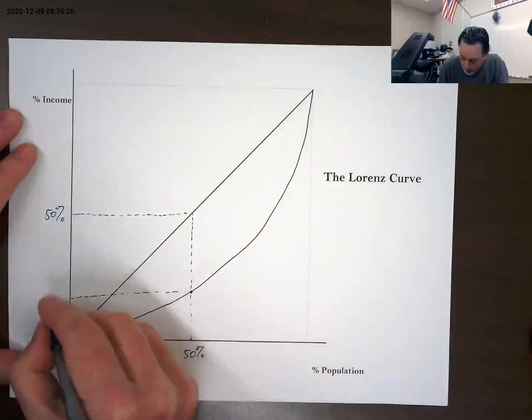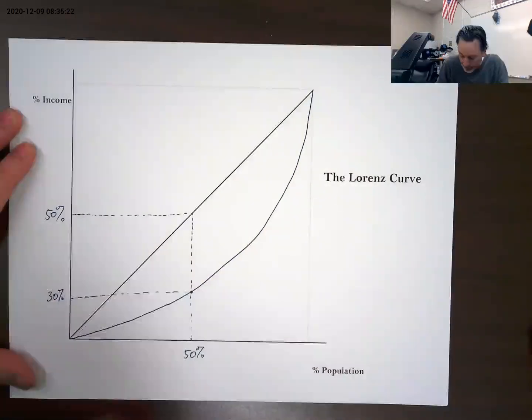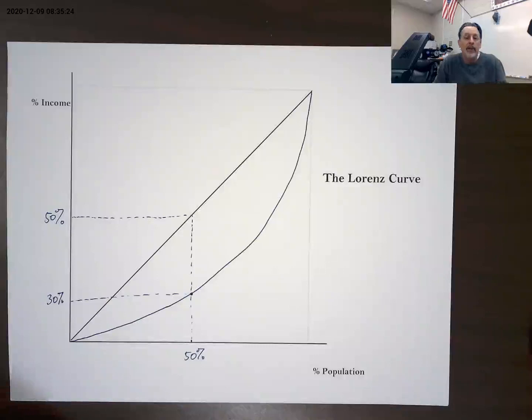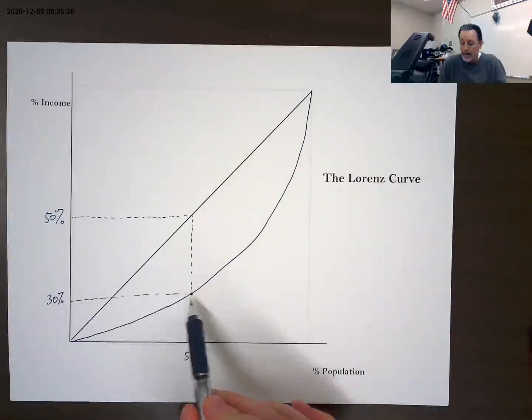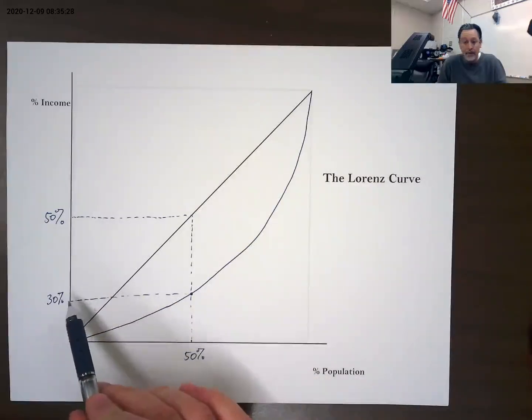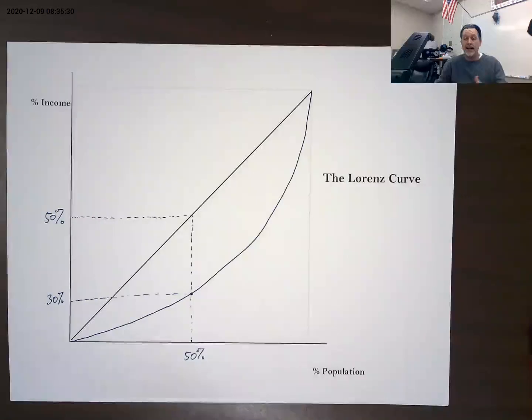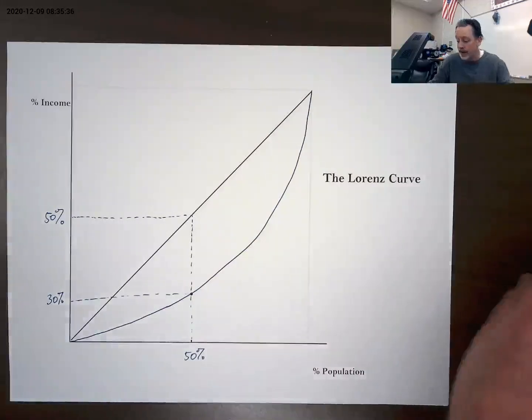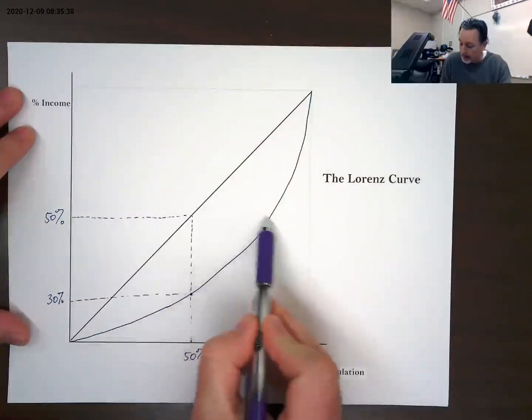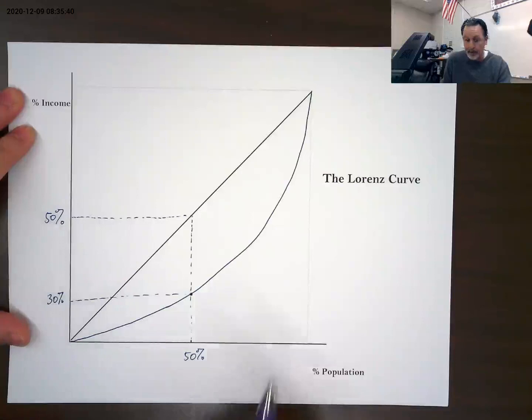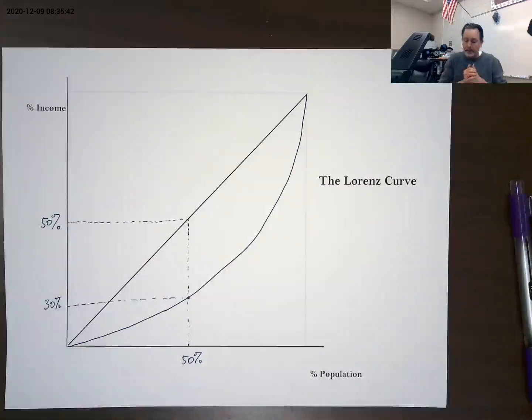And so if we just sort of ballpark this and call it a 30%, in this particular society, 50% of the population is only earning 30% of the income, which means that the other 50% of the population is earning 70% of the income. You could also demonstrate that if you wanted to by going this direction, and you'd be out to 70% of the population. That allows us to make a comparison.